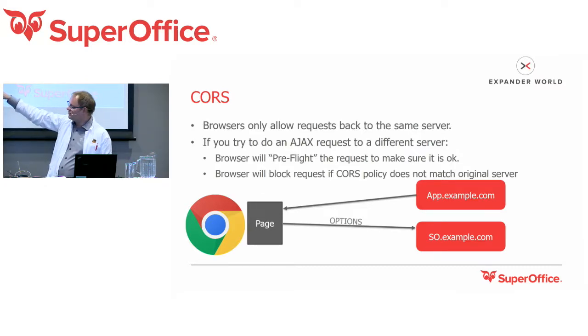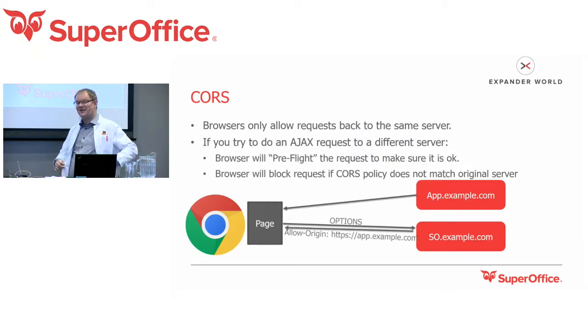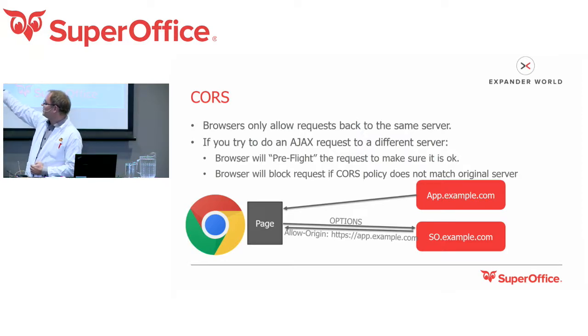will do a little pre-flight. They call it a pre-flight request. It'll do OPTIONS on that URL that you're trying to call, and the URL will send back a list of things which are allowed to talk to it. So it says, oh, allow example.com to talk to me.